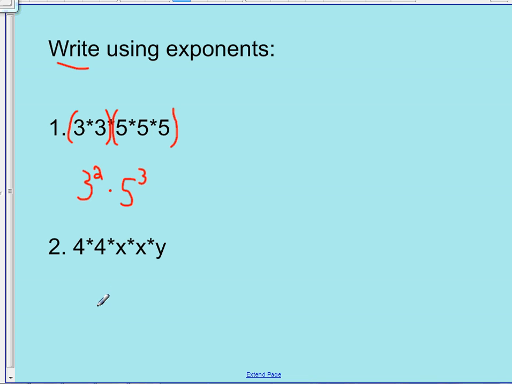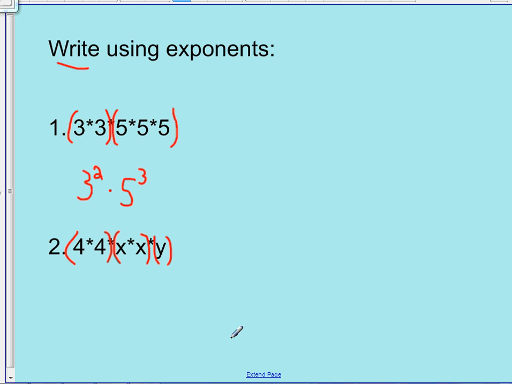All right, this next example has to do with both numbers and variables. Variables can also have exponents. In this case, we're going to be splitting up again. We have 4's, we have x's, and we have y's.